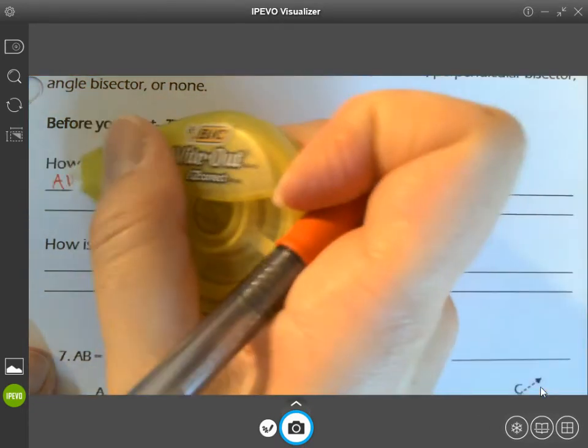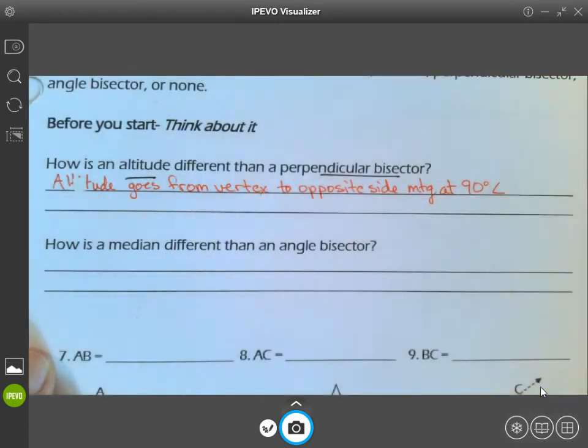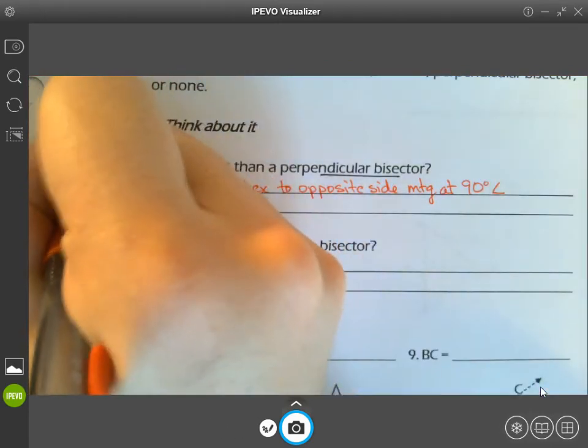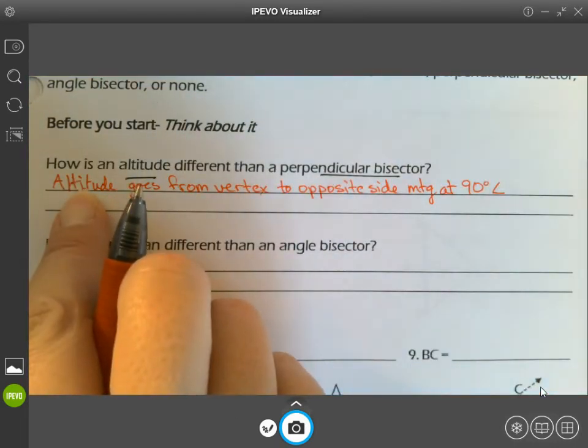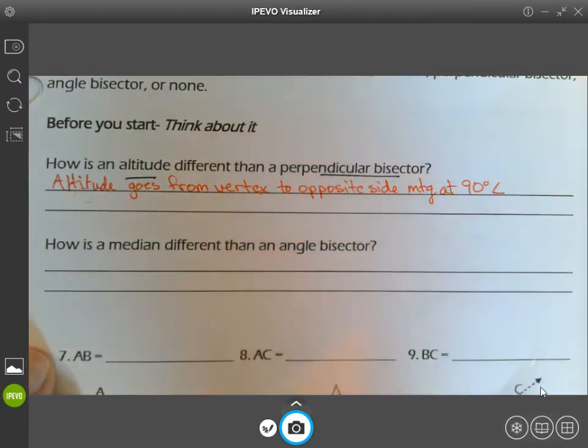That's what your altitude does. An altitude does not split it in half. It doesn't split it in half, and it has to go from the vertex to the opposite side.